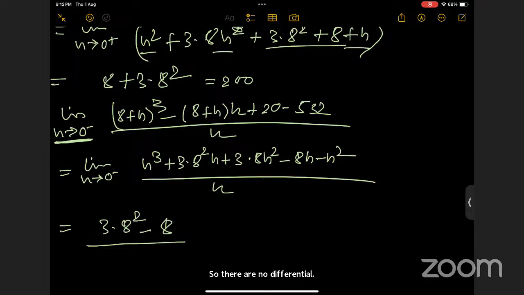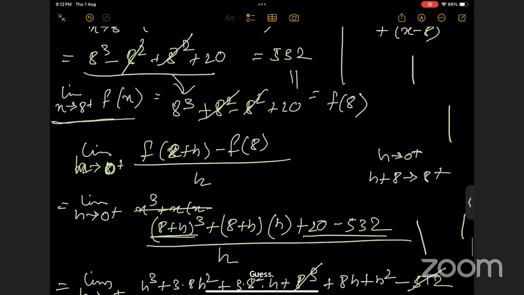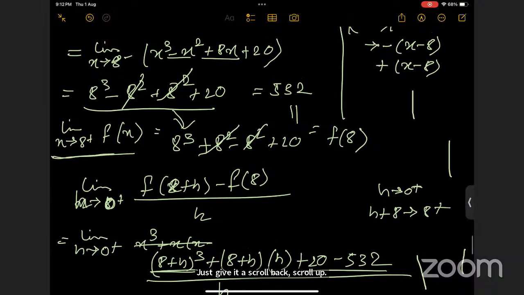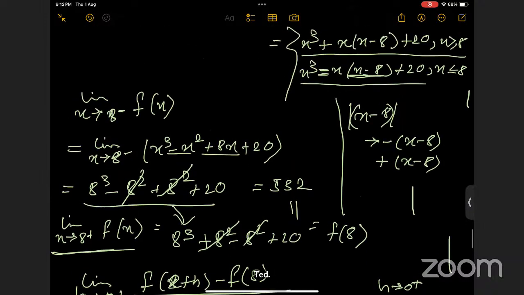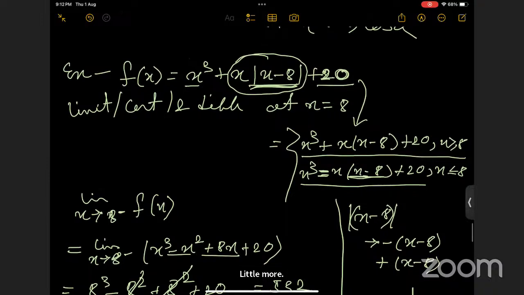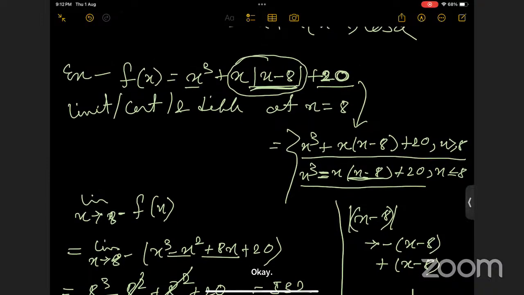Fine. The graph seems to be fine. Can I give a tip? Yeah, sure. Just scroll up. Here? Little more. Okay. Yeah, here. We have two equations for the function as it approaches the left side or right side, right?